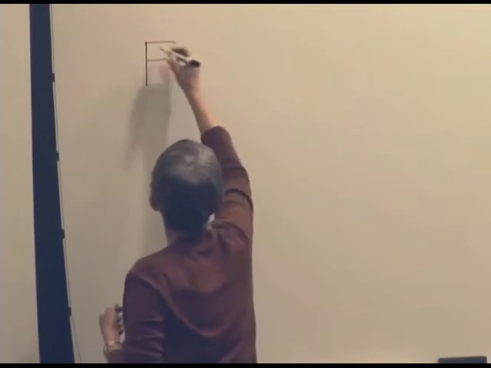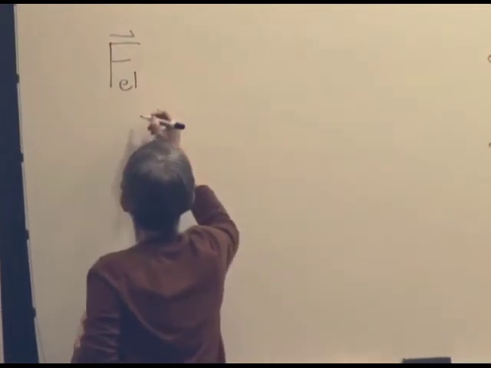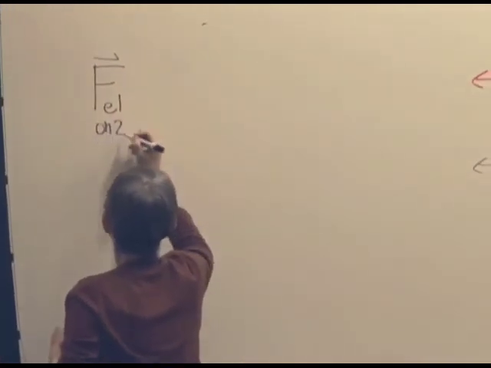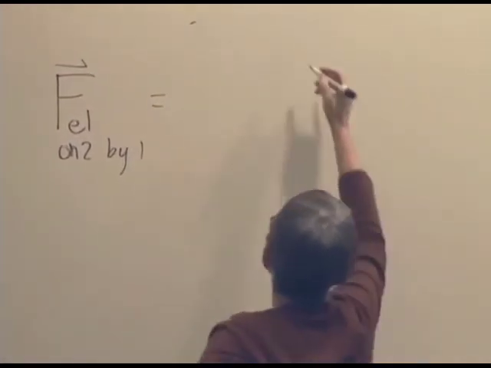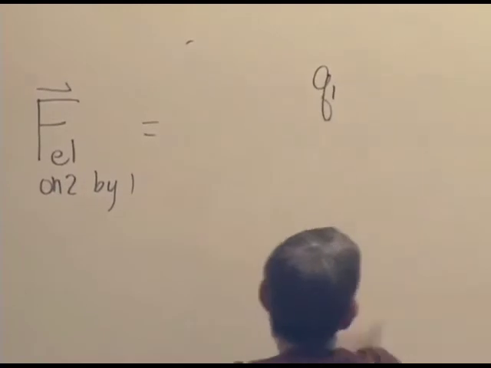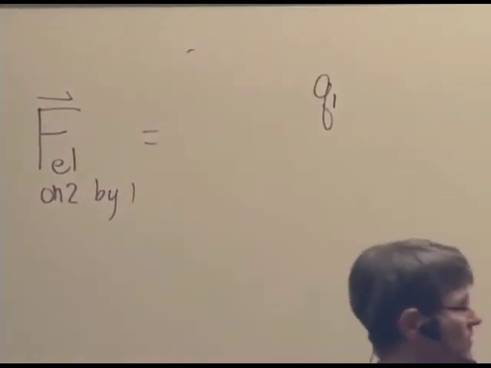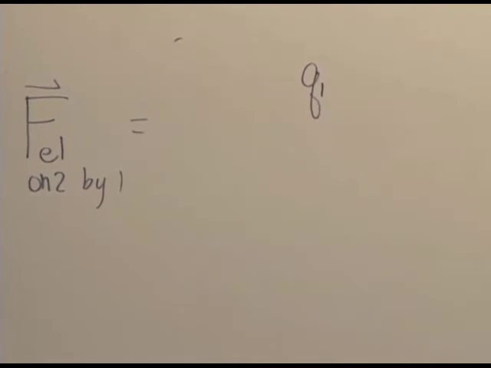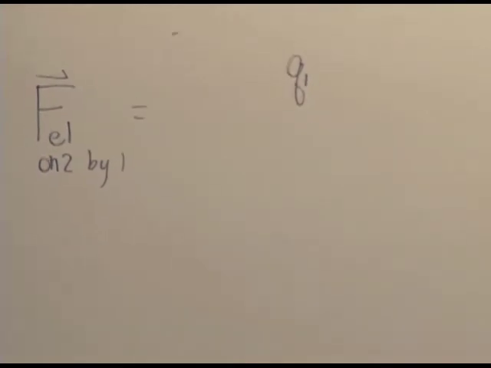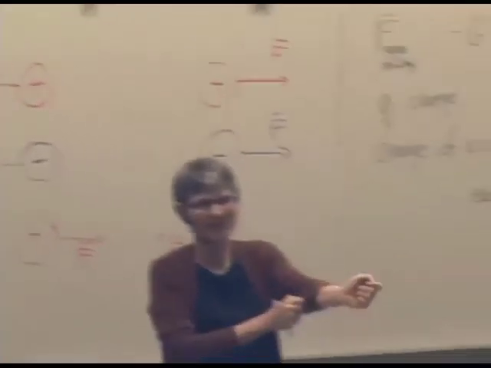So here's the electric force on object 2 by object 1. It's going to have the charge of object 1, which is not necessarily this number, but it is going to be a multiple of this number, because we've never found a way to split electrons in half or to have half a proton.